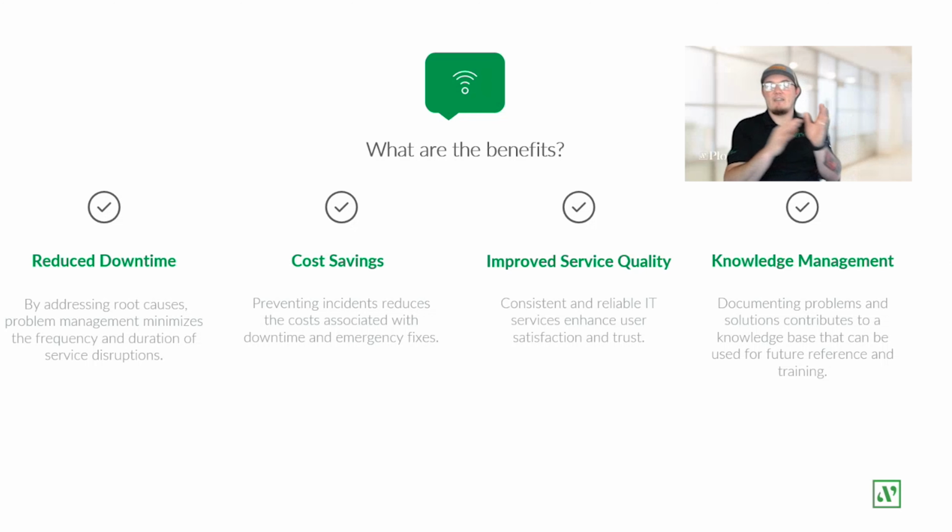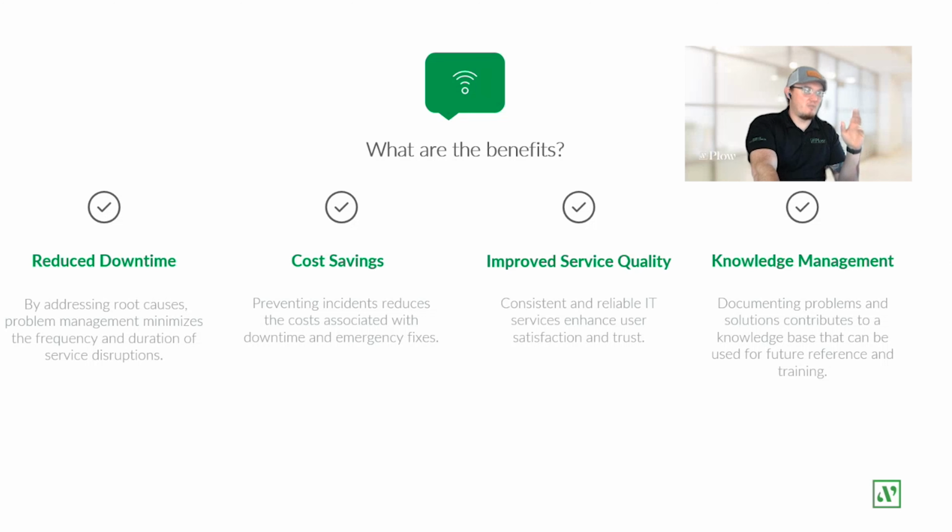That's time you don't have to build better processes, to build a more stable network, to build a more reliable network, to move the organization forward from an IT standard, because you're spending 40 to 50% of your time over here working on fires. So there's a huge cost savings associated with that. It may not be a billable line item. It may not be a line item on an OpEx report, but it is absolutely a cost.